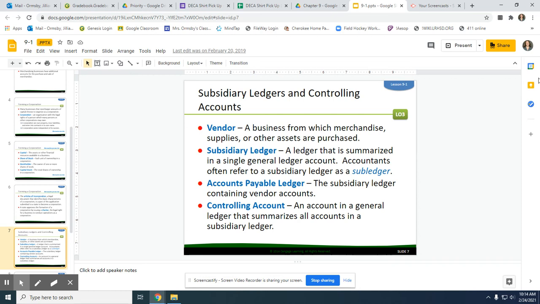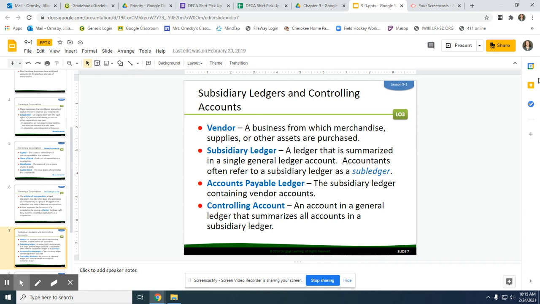Before, we were typically using accounts payable dash the name of the vendor as the name of our account. However, with bigger businesses, let's just use Walmart as an example, they're going to have tons of vendors. So we're not going to list accounts payable dash the name of the vendor as an account name for every single account in the chart of accounts.